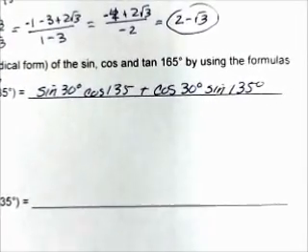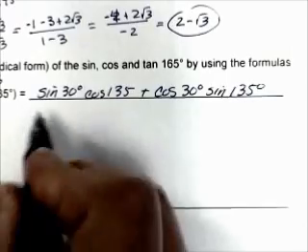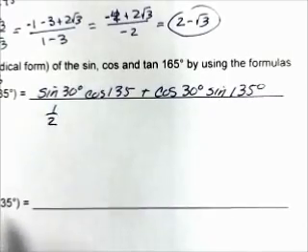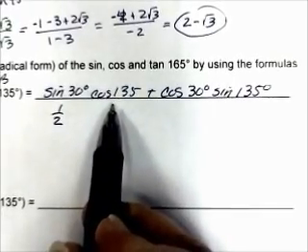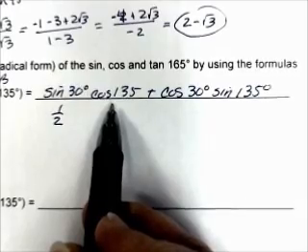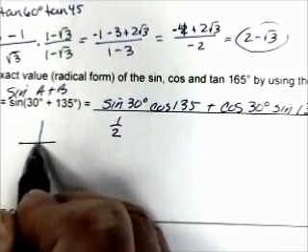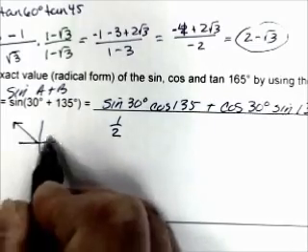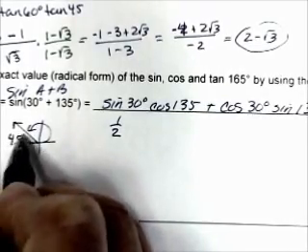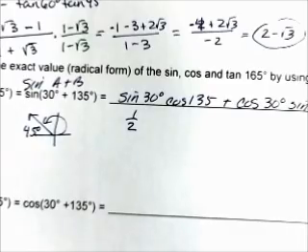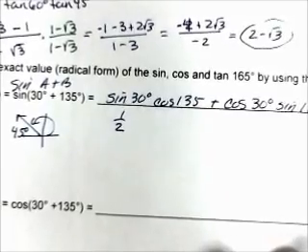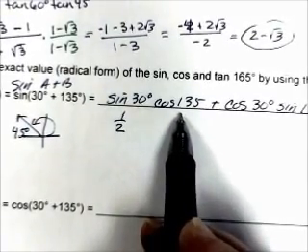Okay, sine of 30, no problem there. That's 1/2. Now the cosine of 135, a 135 degree angle is in quadrant 2, right? So if I draw 135 degrees off to the side, the reference angle is 45 degrees. In quadrant 2, cosine is negative, so this would be equivalent to negative cosine of 45.